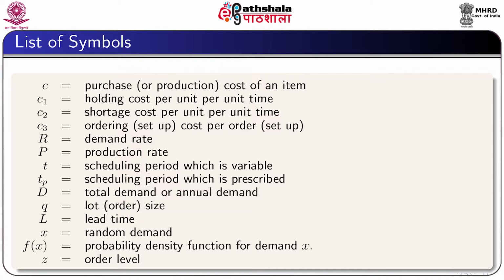T is the scheduling period, which is a variable, and TP is the prescribed scheduling period. D is the total demand or annual demand. Q is the lot size or order size, and L is the lead time. We assume X as the random demand and f(x) as the probability density function of demand X, and Z is the order level.